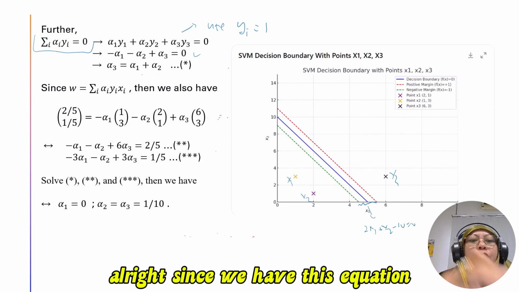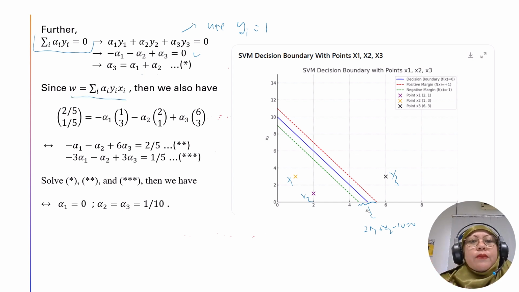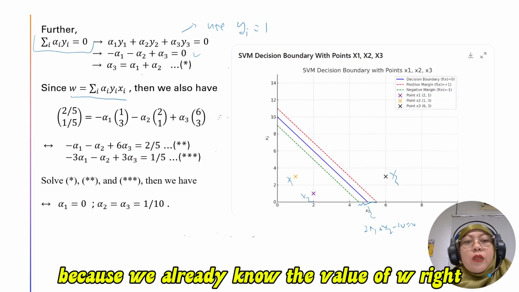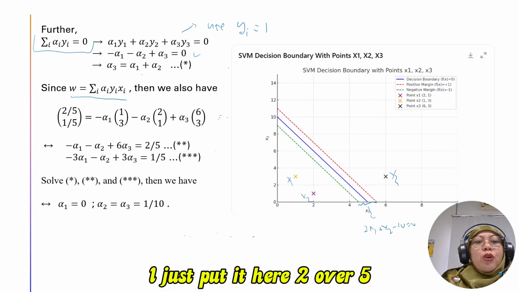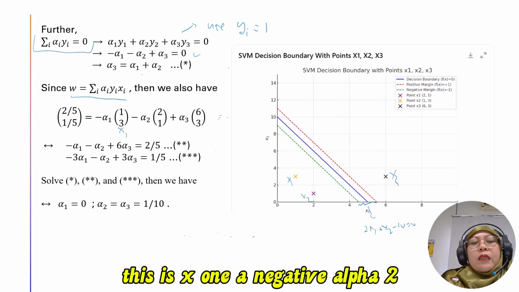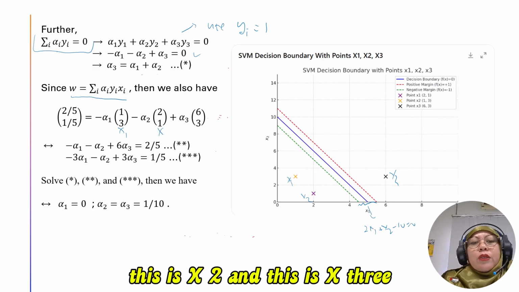Since we have this equation, then we just substitute w, because we already know the value of w, right? I just put it here, 2 over 5, 1 over 5, and then here negative alpha 1 times x1, and negative alpha 2, this is x2, and this is x3.